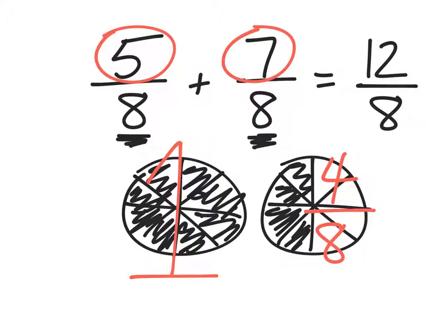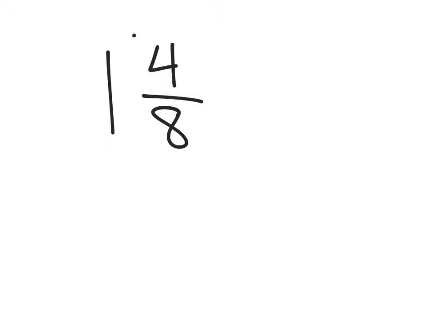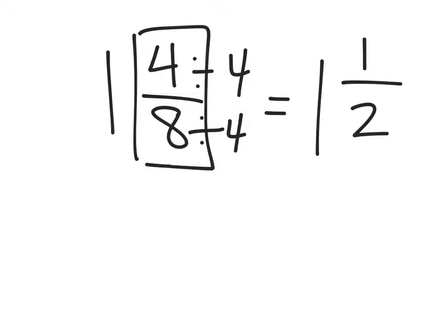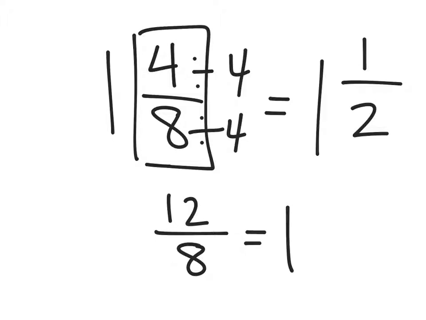And we know that if we had 1 and 4 eighths, we would then simplify that mixed number. We would simplify the fraction portion of that mixed number by the greatest common factor of 4 and 8, which is 4, to give us 1 and 1/2. 12 eighths would be rewritten by regrouping into one whole. 8 of my eighths made one whole, with 4 eighths remaining.